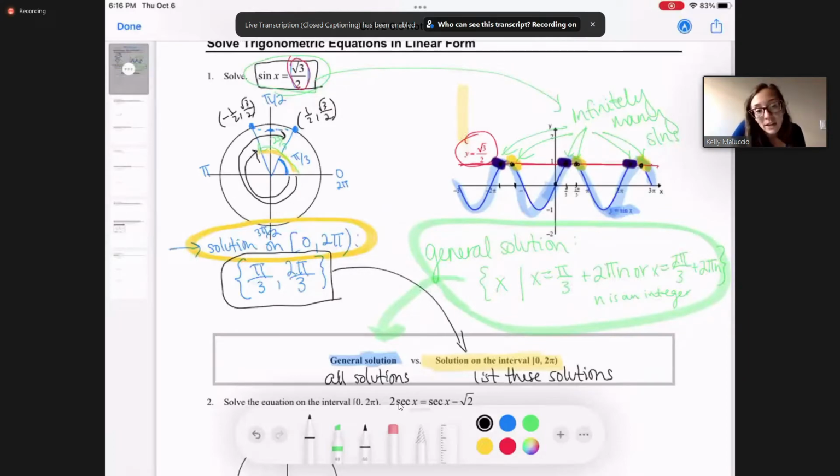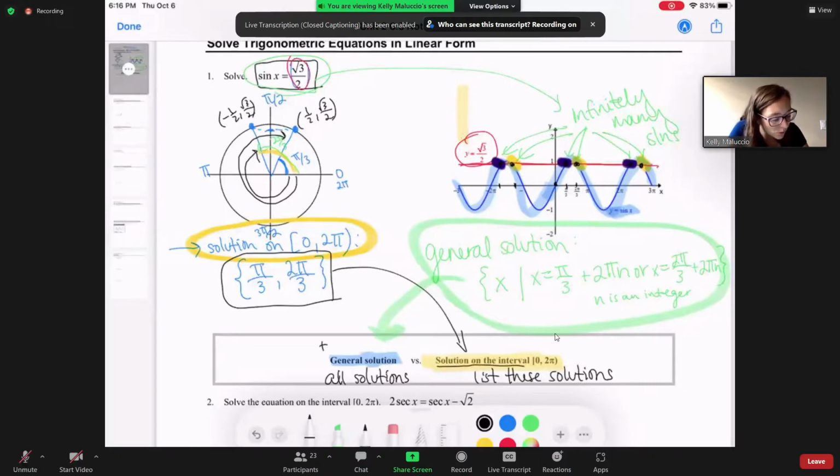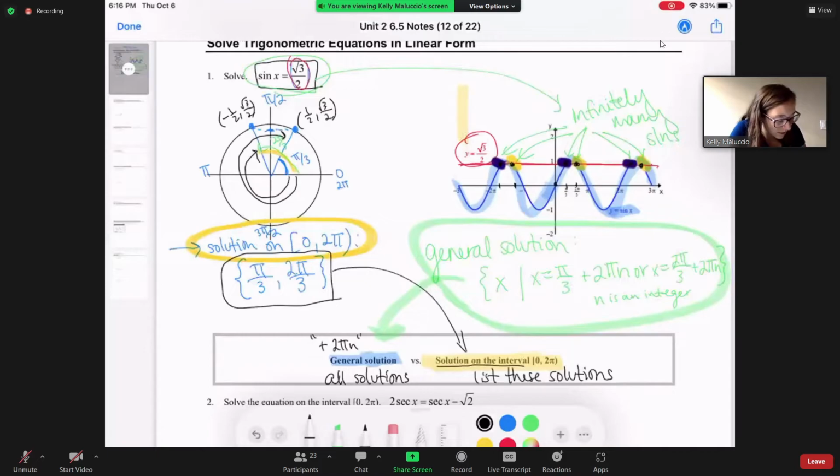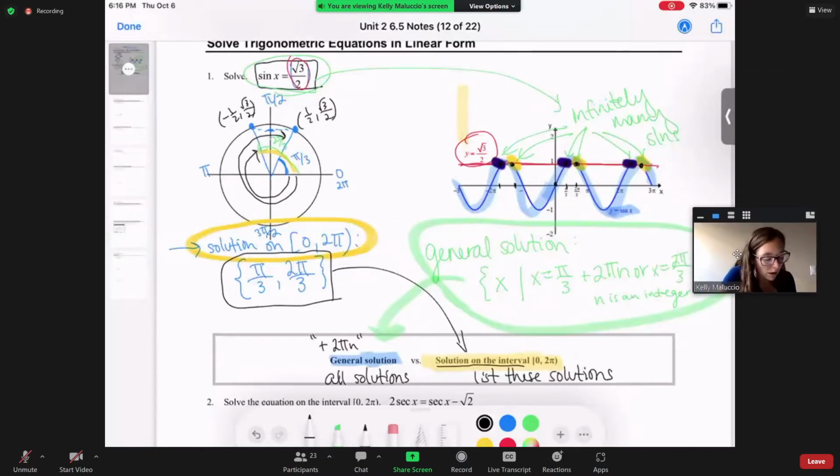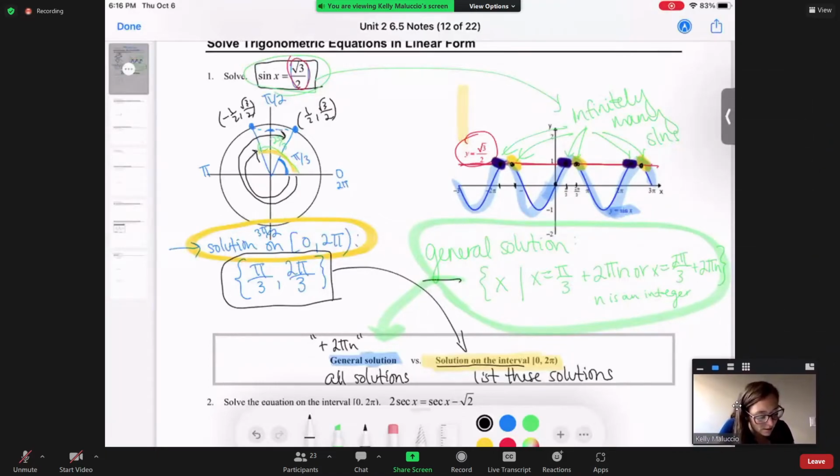For sine and cosine, it's taking the solution on this interval and adding 2 pi n to all of them. So this is how we can think of it, and then we write it as the general solution we see here.